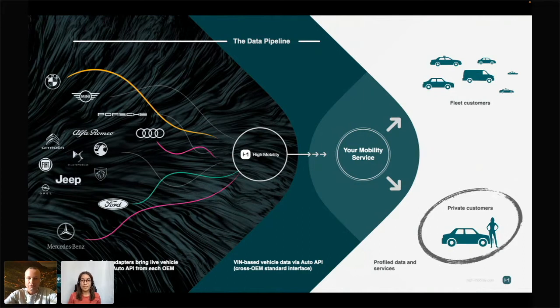We are identifying the vehicles by their vehicle identification number, the VIN, and it's also crucial to understand that in some countries, this vehicle identification number is perceived as being a personal data item. Before you can retrieve connected car data, you have to ask for permission.